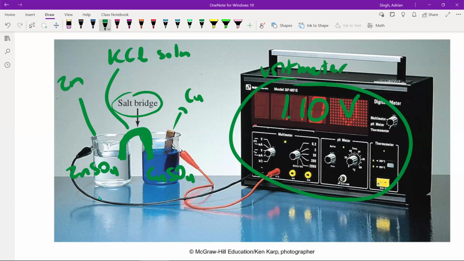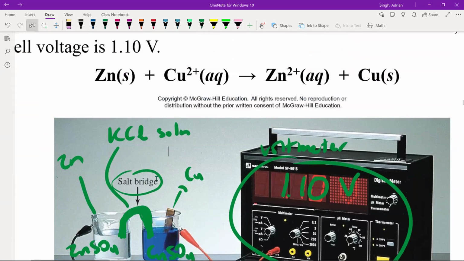So the salt bridge is there to perform a very important function, which is to allow the cations and the anions to flow from one half cell to the other. The salt bridge is critical for this setup to actually work.